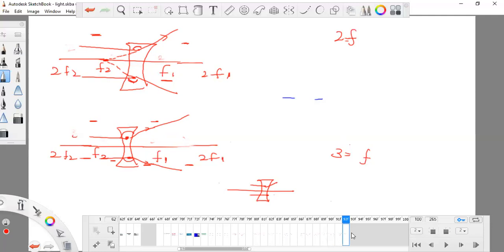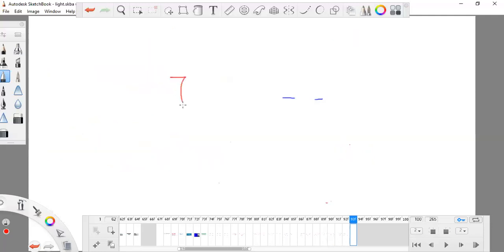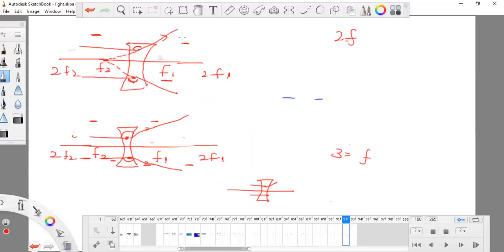If I take the focal length 5, if I take the focal length of 6, you can see the divergence here.